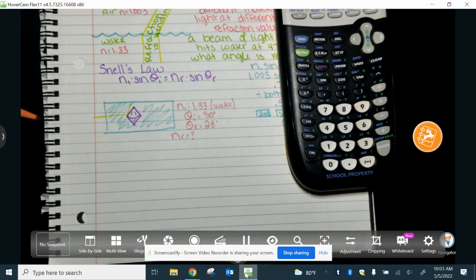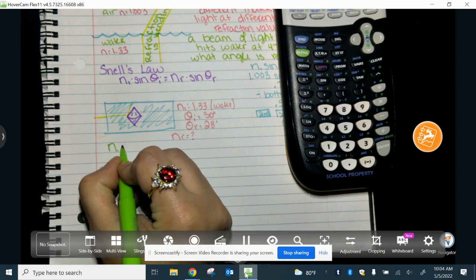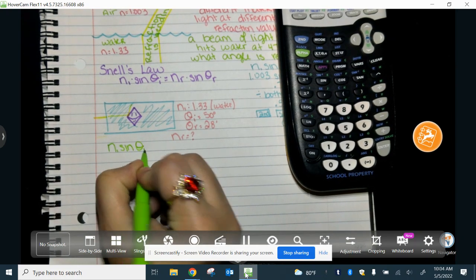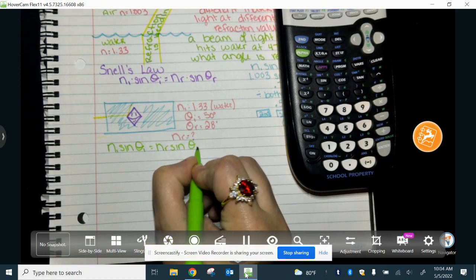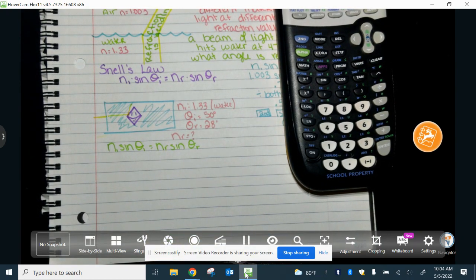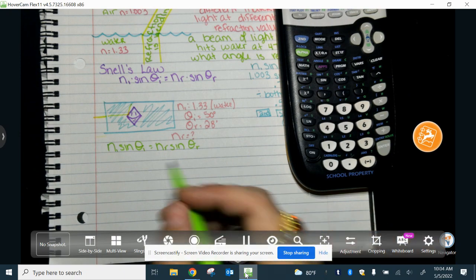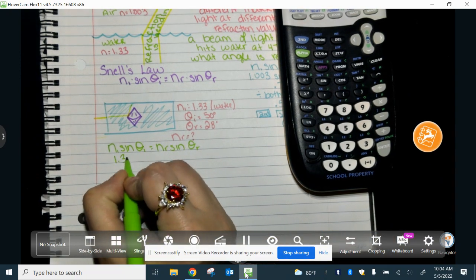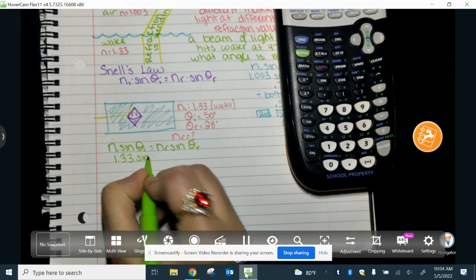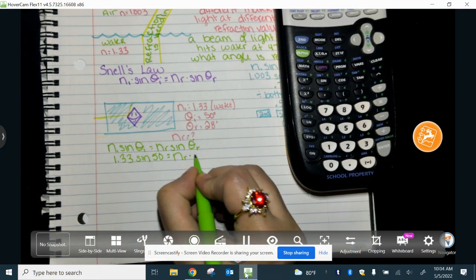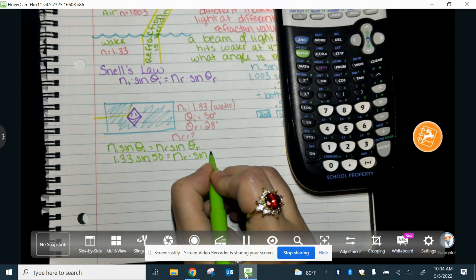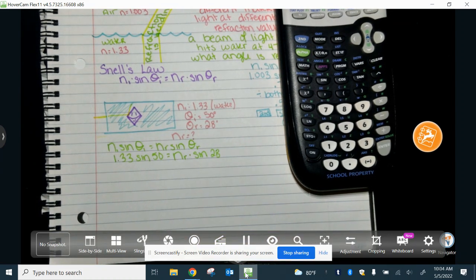First steps again: fill in what you got. Ni sine theta I equals Nr sine theta R. That's Snell's law. So 1.33 sine of 50 equals Nr times the sine of 28.